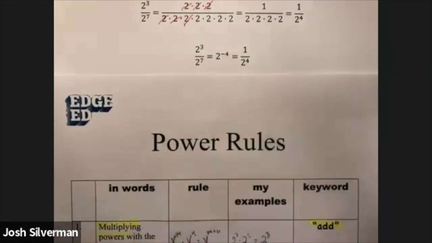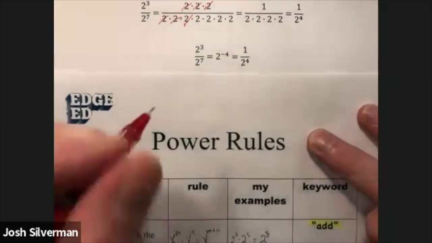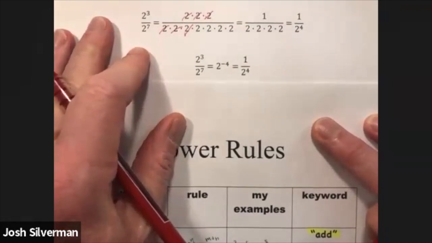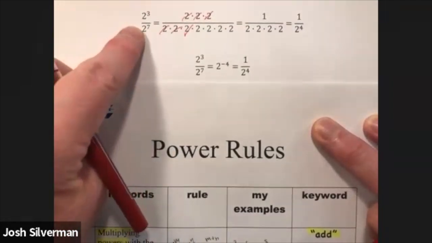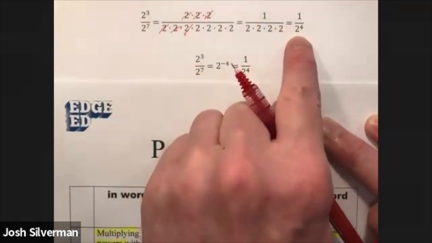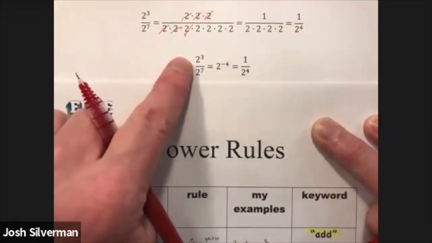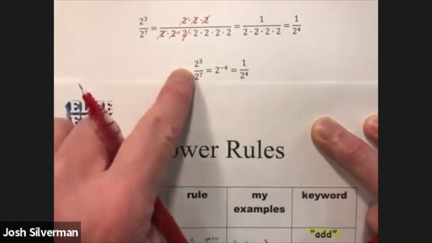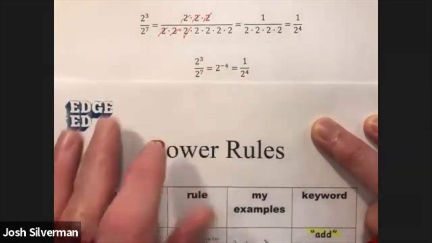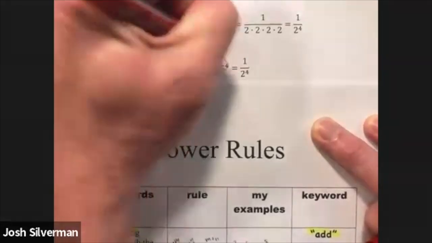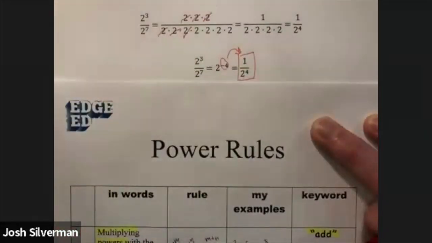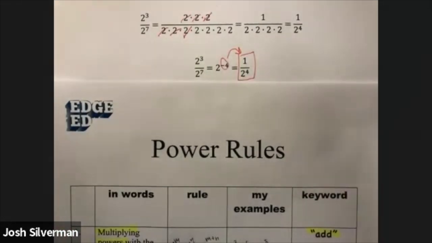And right here, this is where we see the rule for negative exponents. As we saw just above, we know that 2 to the third divided by 2 to the seventh should end up being 1 over 2 to the fourth. We also know from our divide rule that it is 2 to the negative fourth. Therefore, 2 to the negative fourth is equal to 1 over 2 to the positive fourth.